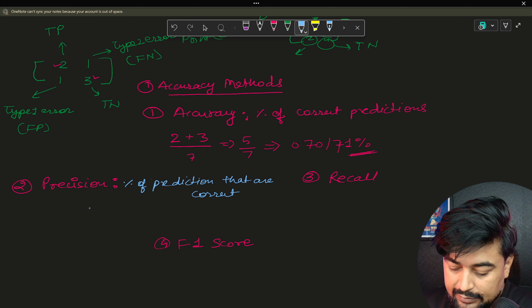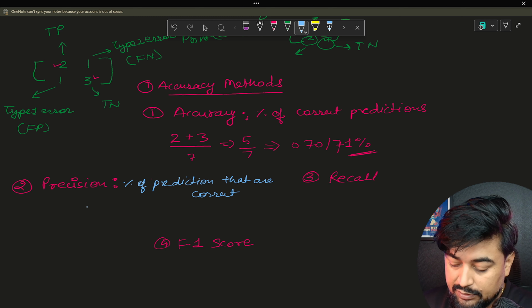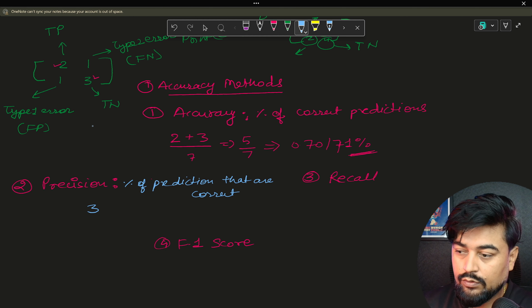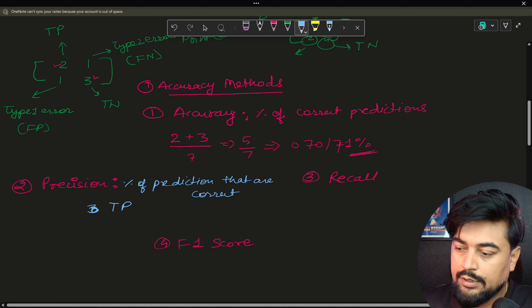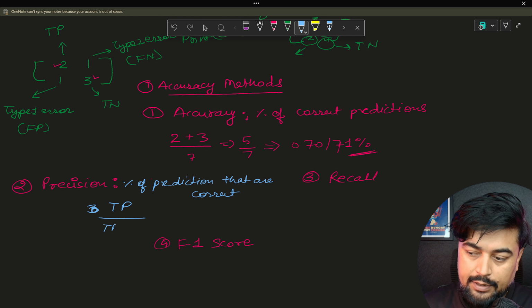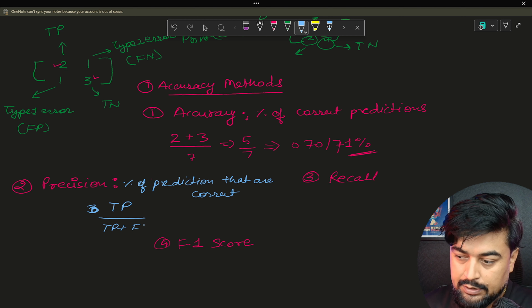How will I calculate that? Let me write the formula. Precision is equal to TP divided by TP plus FP.